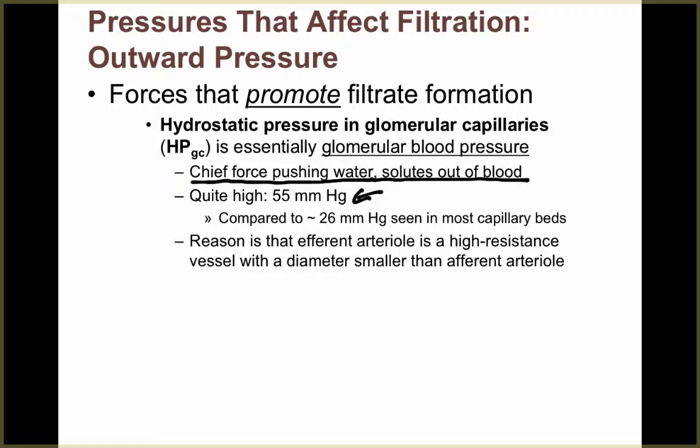The reason is that the efferent arteriole is a high-resistance vessel with a diameter smaller than the afferent, so it pushes water and solute out of the blood, because you're going from a bigger area to a smaller area. We need that pressure to stay somewhat high to promote filtrate formation.